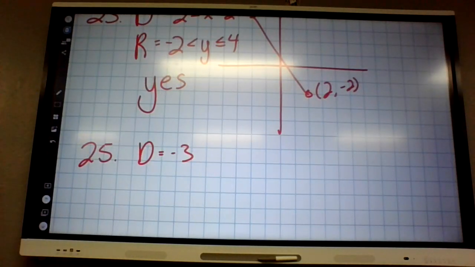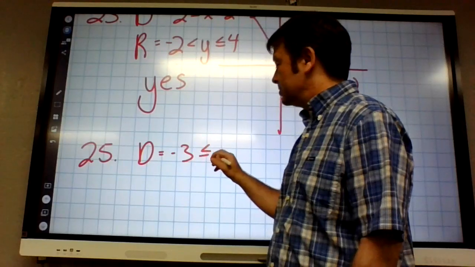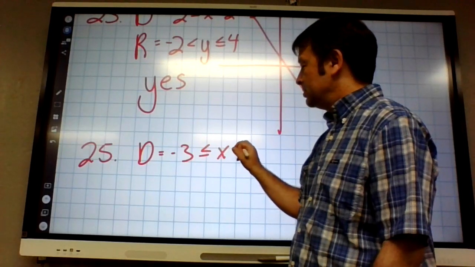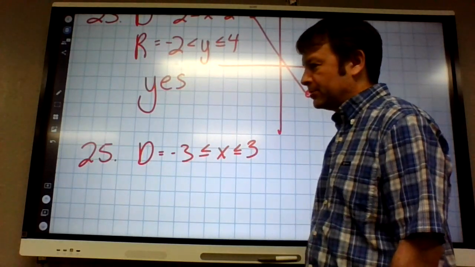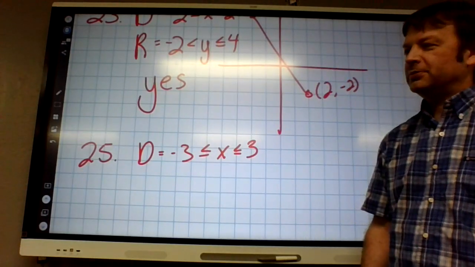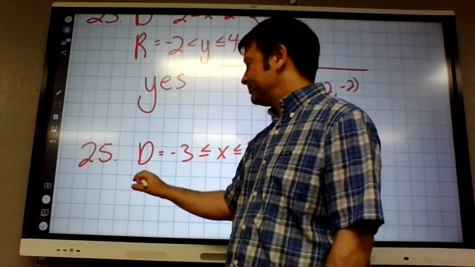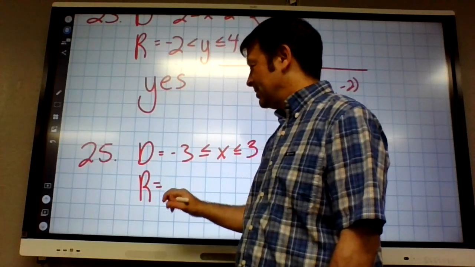Does it touch at 3 or does it just get close to it? It touches, so these are going to be included. So it's less than or equal to on both of those. If I'd asked you to write it, would you have gotten it? Yeah, exactly like that.